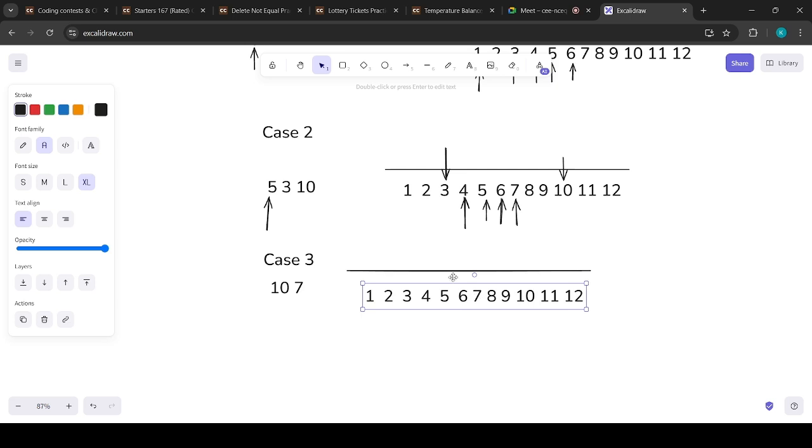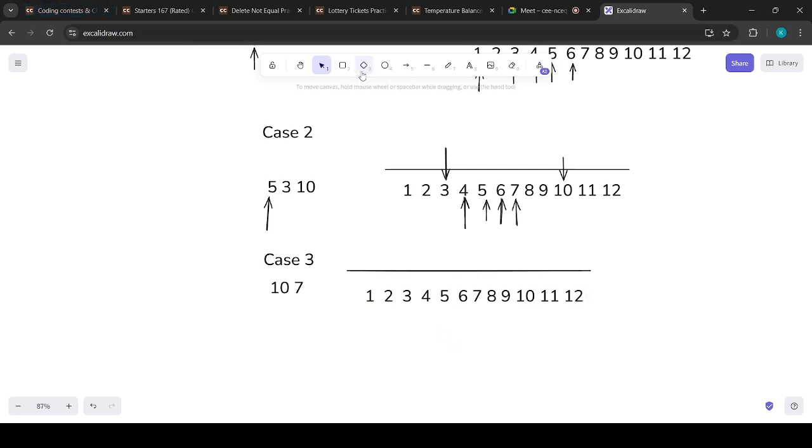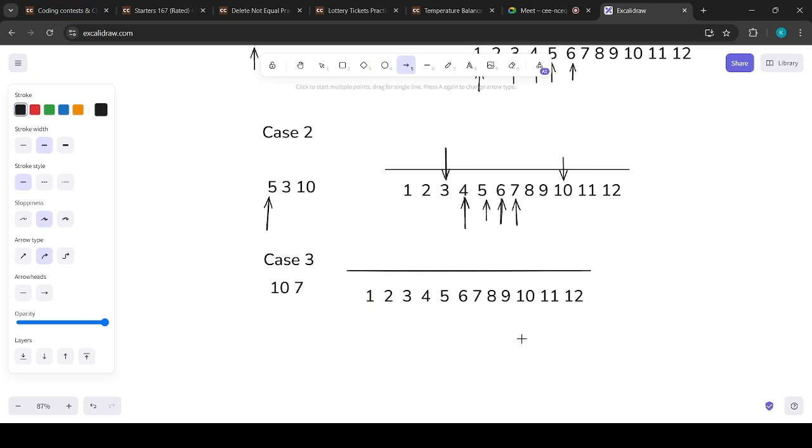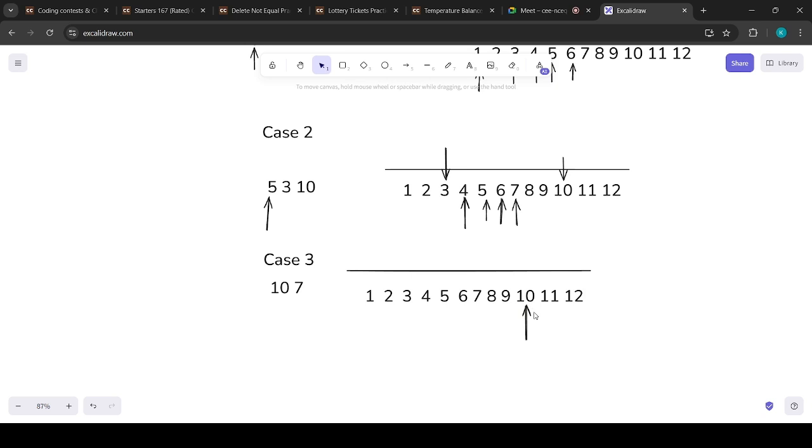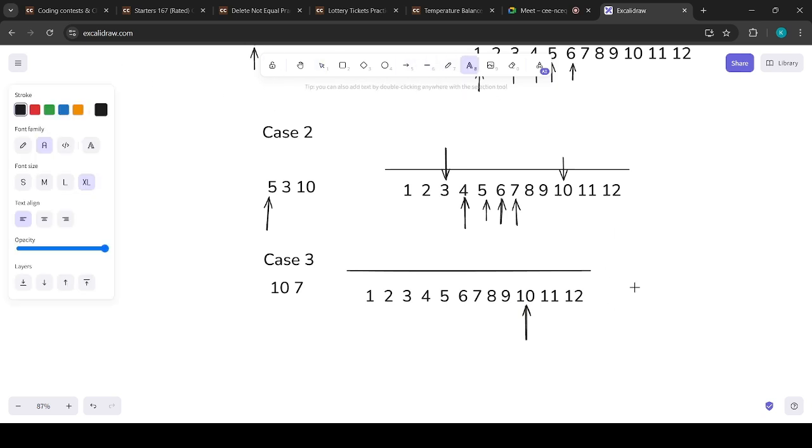In the third test case, Chef has the number at the last, meaning there is no number taken by another person after 10, and we have numbers up to 10 raised to 6.